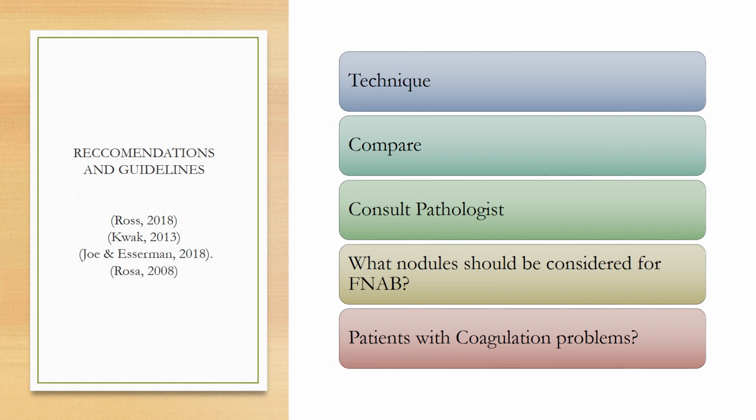And then any nodule that has subcapsular location, and this is for thyroid, adjacent to the recurrent laryngeal nerve or trachea, extrathyroidal extension, extrusion through rim calcification, or association with abnormal cervical lymph nodes. Anytime that you have any of those findings, you should definitely be looking at fine needle aspiration biopsy.